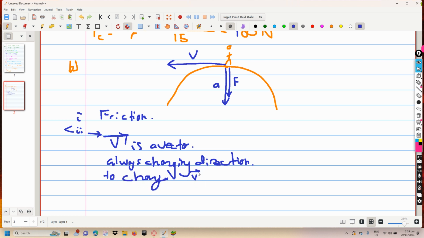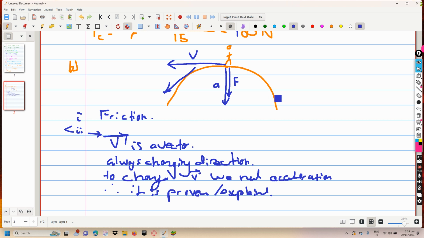To change this, we need acceleration. Therefore, it is proven, explained. So velocity is a vector. It's always changing in direction as you go round. You know it's going to go like this way, and then up this way. To change this, we need to accelerate.